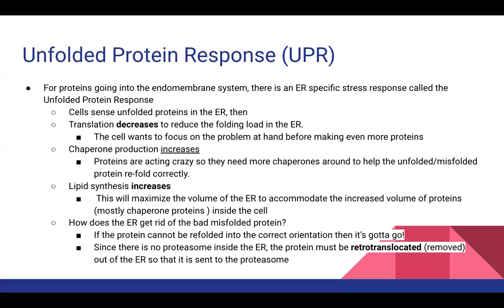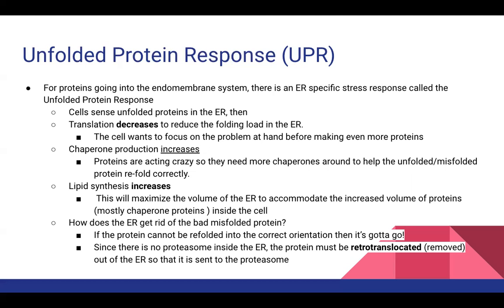If it can't be refolded, then it has to go. And since there's no proteasome inside the ER, unlike the cytosol, the protein has to be retrotranslocated out of the ER so that it can be sent to the proteasome.